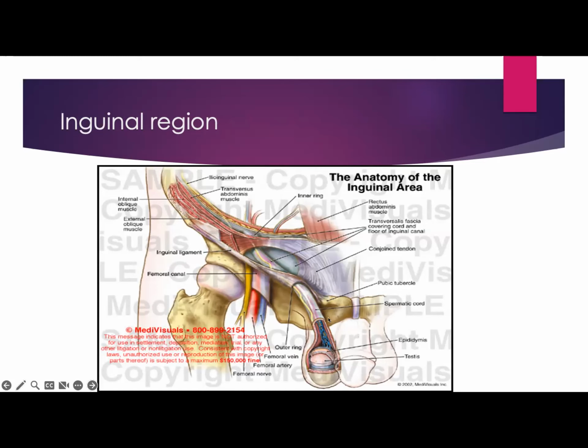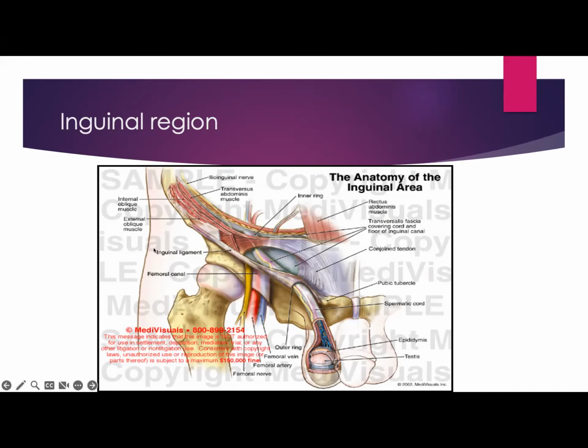Yes, so as you can see over here, this is another image of the inguinal ring. Along with that, we have the spermatic cord. As we talked about indirect inguinal hernias, it can follow the pathway of the spermatic cord, and it can also end up in the scrotum.